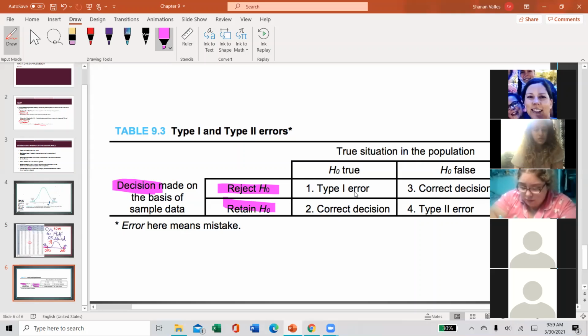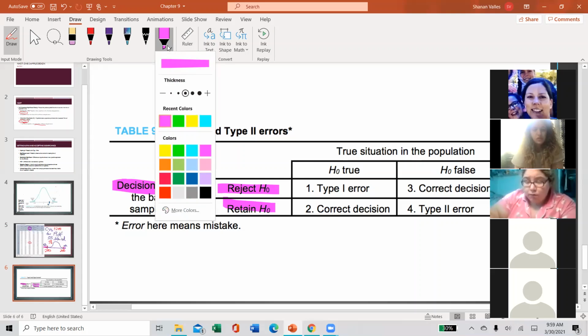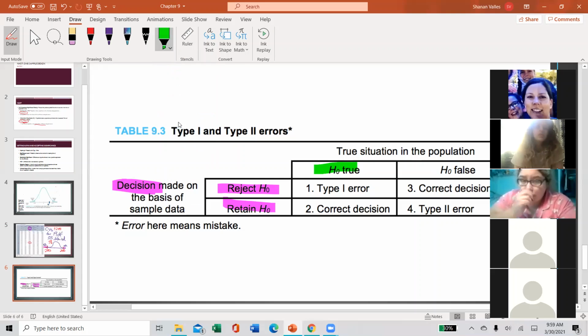The type 1 error, and I realize I haven't put these up here yet, is when the null hypothesis is true, but you're rejecting him. You're making an error there. Okay. You're rejecting him. You're saying, I found a difference, but in fact, no difference exists.